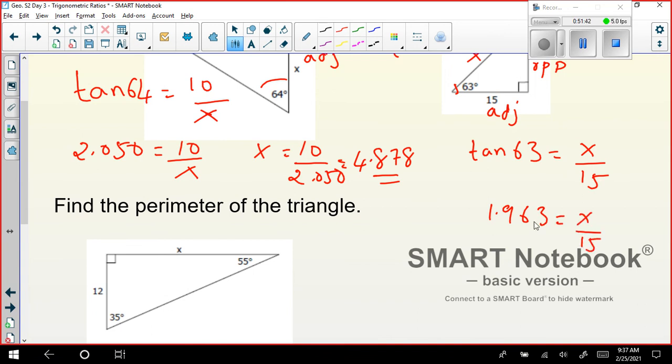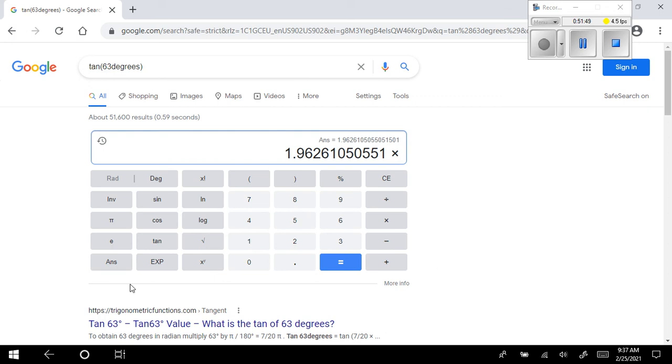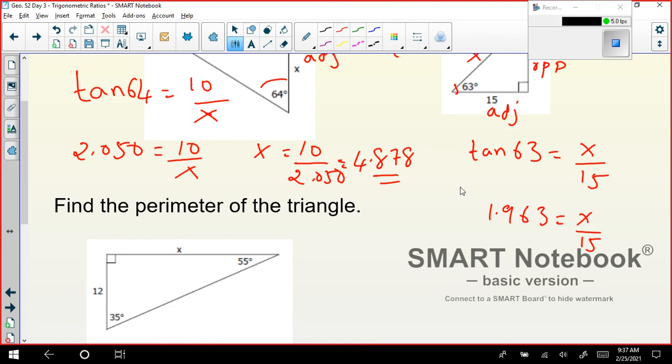And further multiplying, I get x equals 15 times 1.963. 15 times 1.963 gives us 29.439. So I get x equals 29.439.